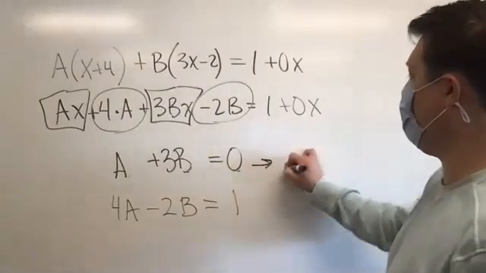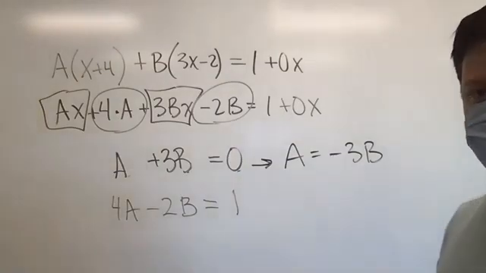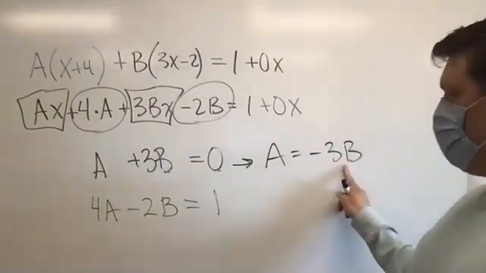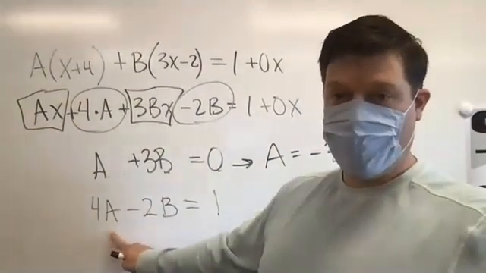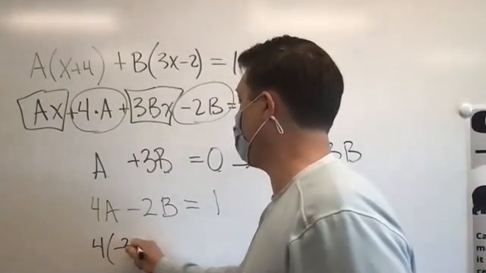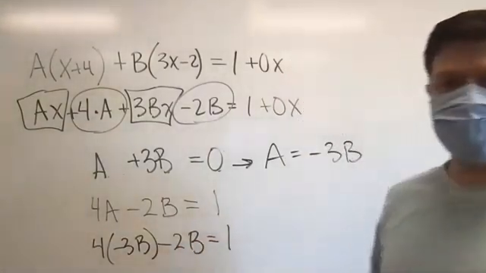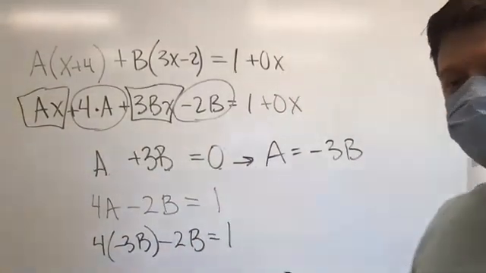I focus on getting A equals negative 3B. Then I would put this for A in the other formula. So 4 times negative 3B minus 2B equals 1. Combine like terms.